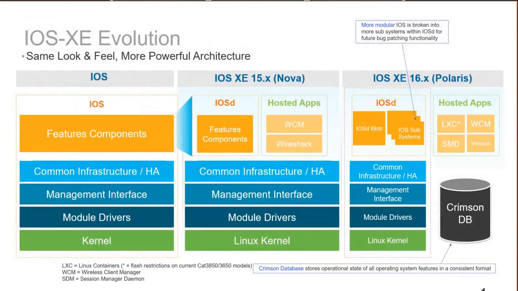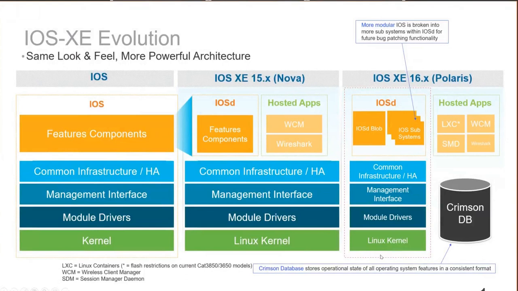So this is what I was talking about. So this was traditional iOS, the BinOS, what we call. So it had iOS running as a daemon and feature component, a common infrastructure management interface. This is similar for Nova was for switch platforms, but with Polaris we have merged both of them into one.